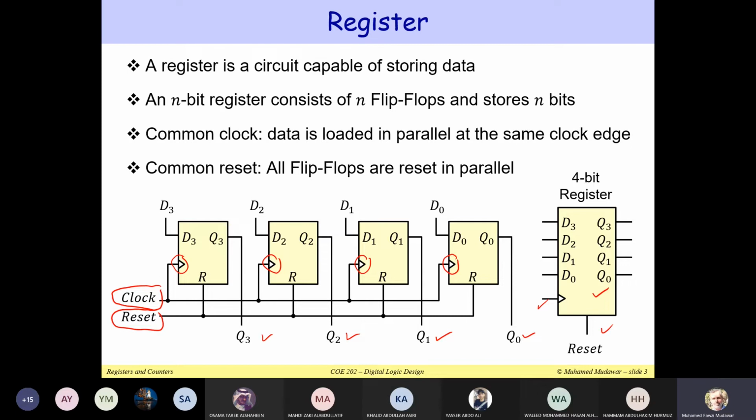Notice that at the rising edge of the clock, the value of Q is going to become D. So if the input D changes, the output Q also changes. What I would like to do now is control whether to change the output Q or not. So how do I disable the change in the output Q?